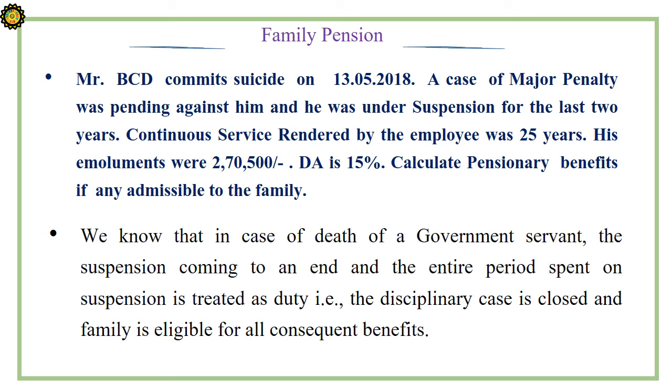Calculate the pensionary benefits, if any, admissible to the family. We know that in case of death of a government servant, the suspension comes to an end and the entire period spent on the suspension is treated as duty. That is, the disciplinary case is closed and the family is eligible for all consequent benefits.